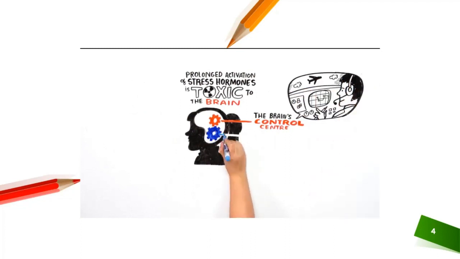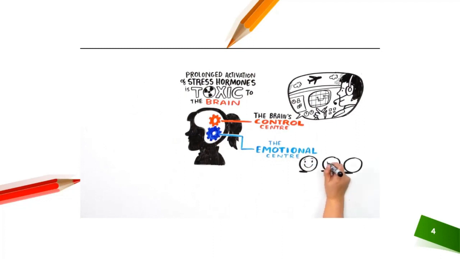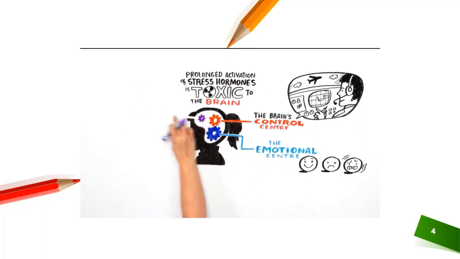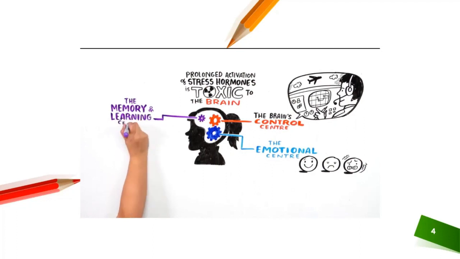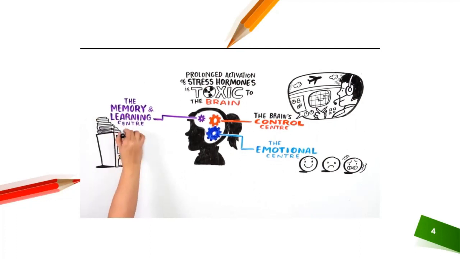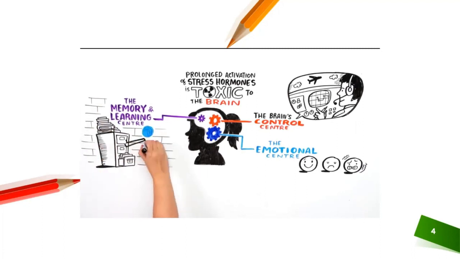A second area is the emotional center, the brain's alarm system, which is involved in processing and interpreting emotions and the ability to control impulses. The third area is the memory and learning center, the brain's filing cabinet, which plays a major role in learning and the formation and retrieval of memories.